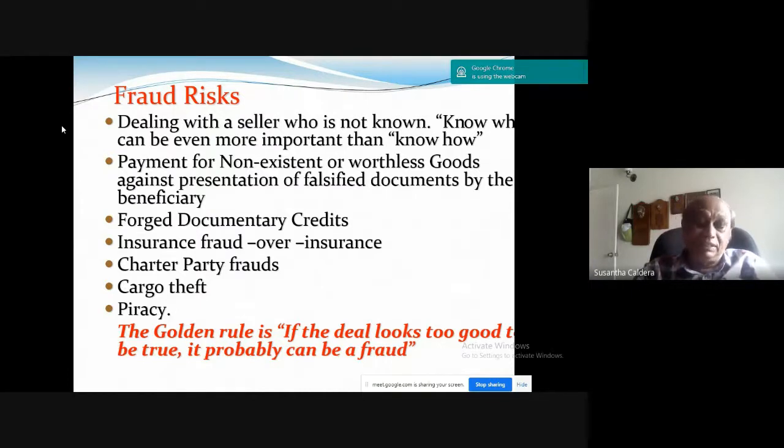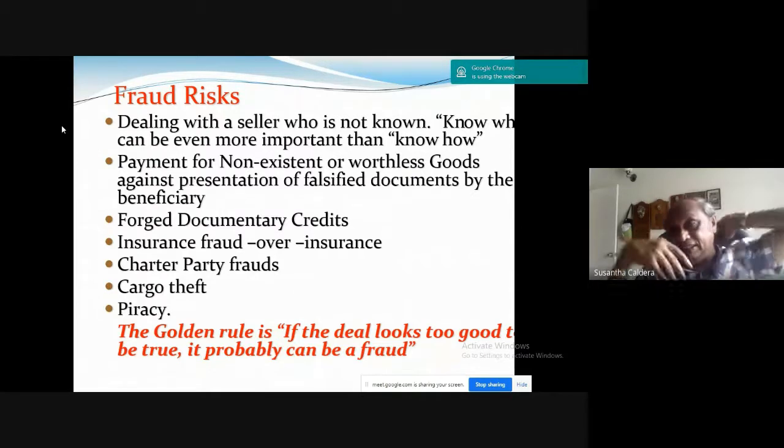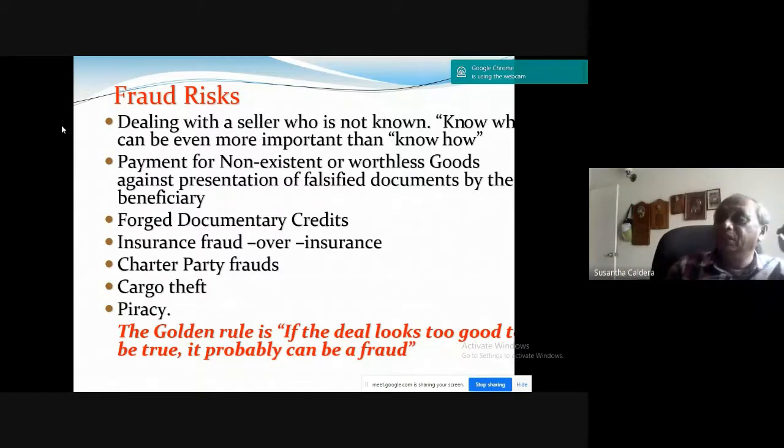When you are dealing with customers, whether the importer or exporter, you should know them properly. Right? That is more important than how you are going to do the business. Even if you have that much knowledge about the business you are handling, there's no point if you get caught by a culprit.